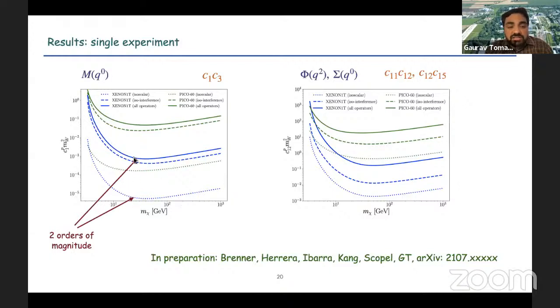And you see the relaxation of the limits by 2 orders of magnitude. And that's very important. Similarly, for the other kind of interaction like C12, I say C12 because this is coming from operator O12, the list I have already shown you. This interferes with other interactions like C11 and C15. And here also you will see a relaxation of around 2 orders of magnitude.